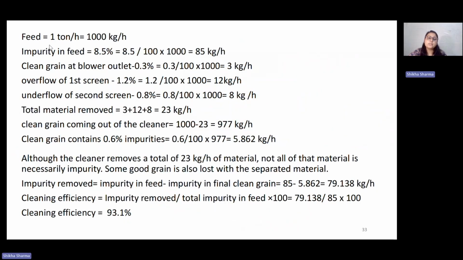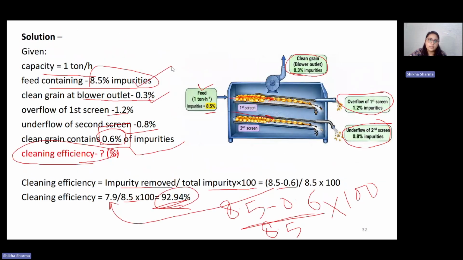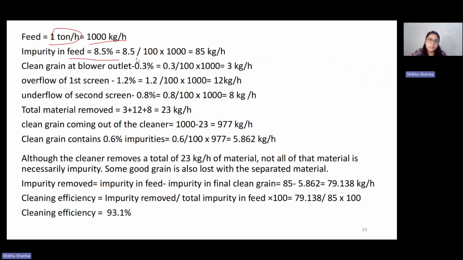The feed is 1 ton per hour, so it is 1000 kg per hour. The impurity in the feed is 8.5%, so 8.5 divided by 100 into 1000 kg per hour. The impurity is 85 kg per hour.